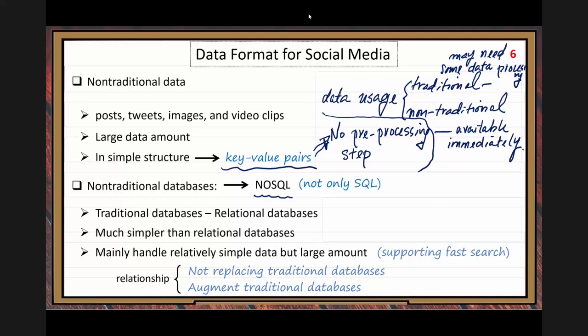If you want to use traditional databases to manage your social media, it is too slow and the result won't be good. That's the reason NoSQL databases were created, typically for social media applications.